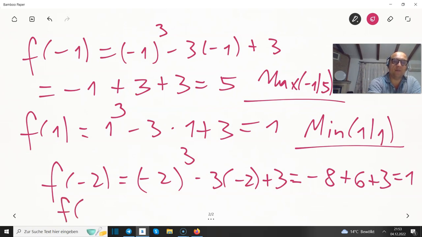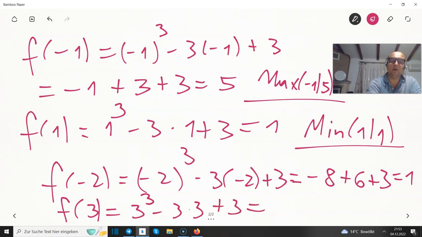And what is f of 3? That would be 3 cubed minus 3 times 3 plus 3. So what's happening here? We're having 27 plus 3, it's 30, minus 9 is 21. So obviously the biggest value of 5 is not quite the case because 21 is greater than 5.